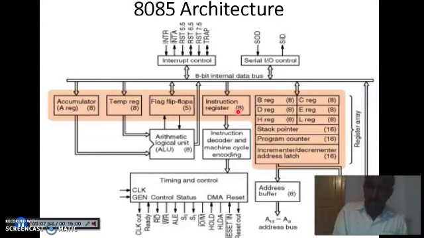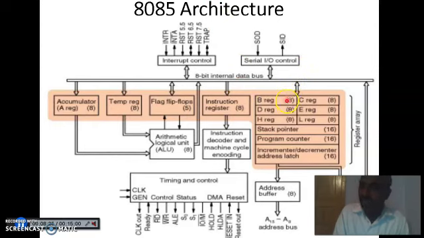Next part here, these are the registers: B, C, D, E, H, L. If they are combined, it is called a register pair. Each register is an 8-bit register.